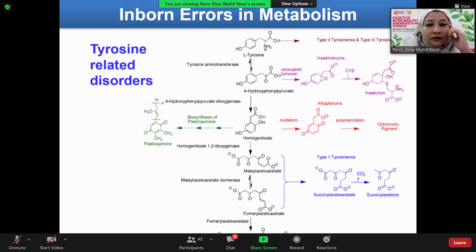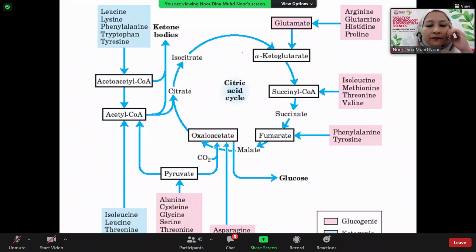Okay, let's take a look at some inborn errors in metabolism. So what we have discussed in this topic involves just the degradations of the amino acids to the pyruvate. We know that we have 20 amino acids, and different amino acids will be degraded into different intermediates, right?